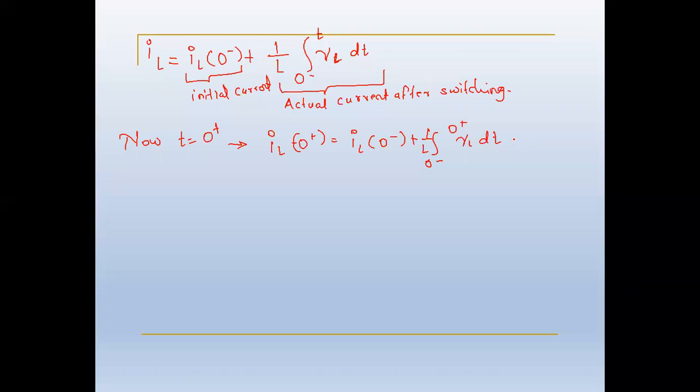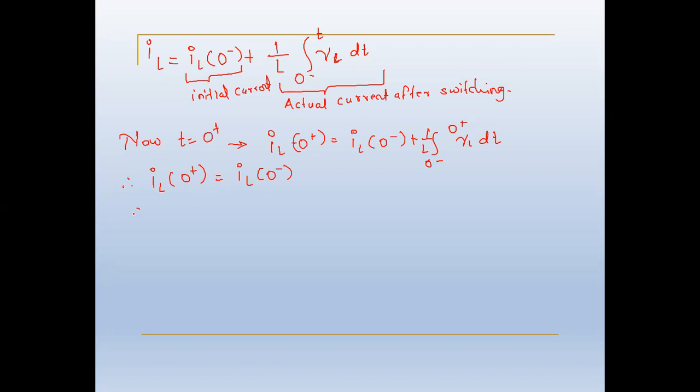So since the switching action is instantaneous, the integration term from 0 minus to 0 plus becomes 0, and thus we can write IL of 0 plus is equal to IL of 0 minus, which indicates that the current through the inductor cannot change instantaneously. Are you getting my point? Current through the inductor cannot change instantaneously.